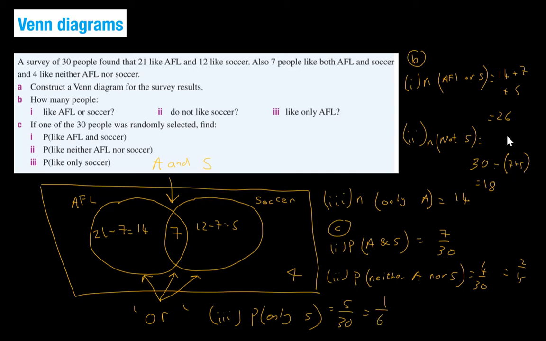Okay, so the important points for these are to remember that or means everything in the Venn diagram, this and this, and means the intersection. And be careful to realize that we do need to subtract the people who like both from each of these values here. Otherwise, we're counting them twice.